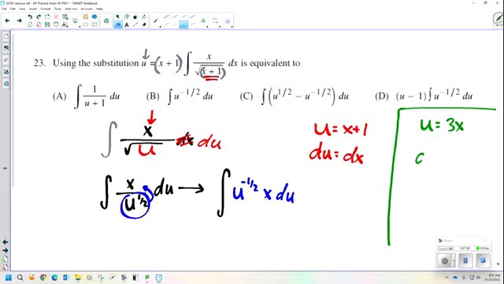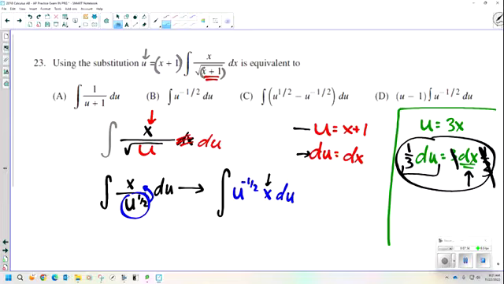I would multiply both sides by 1/3, and then I would put 1/3 du in for dx. So we are used to manipulating this. In order to get rid of this x, we're not going to manipulate this. We're going to manipulate or change this. So this is just a little side thing, nothing to do with the problem we're working on.